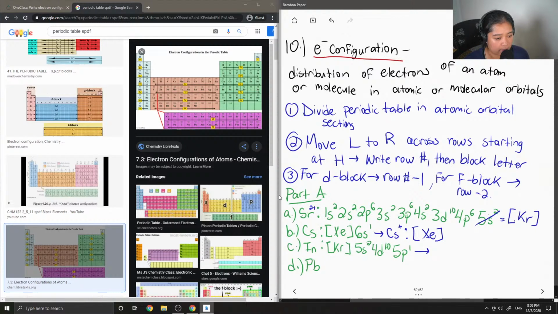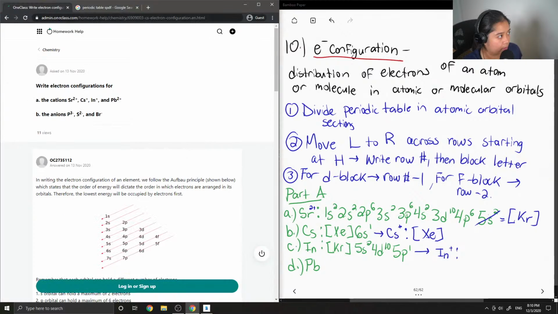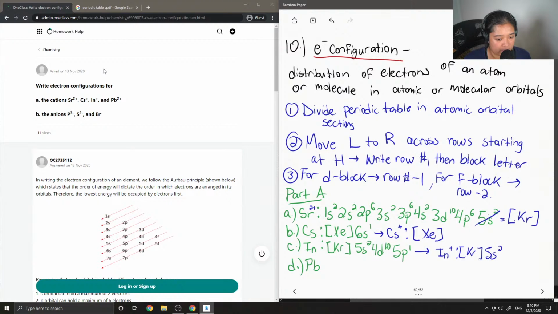Again, if we were to remove an electron, this would be the following electron configuration: 5s2, 4d10.